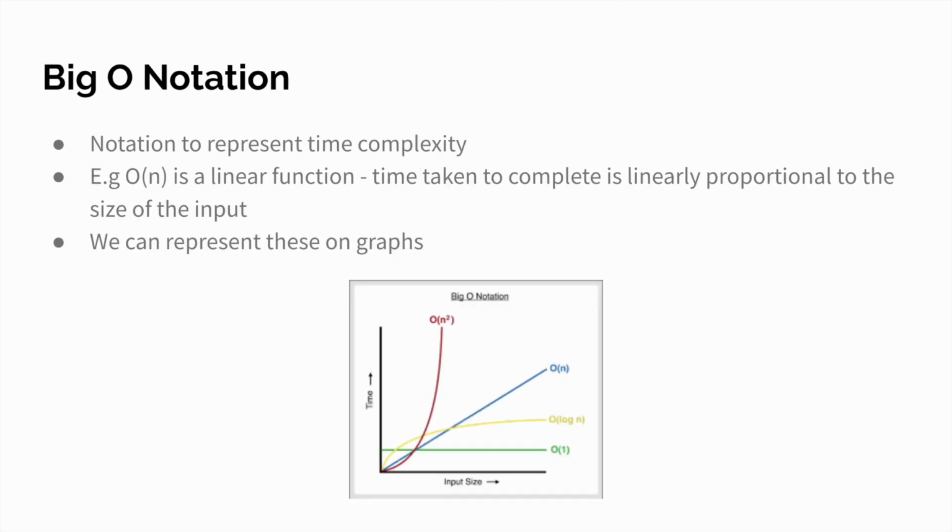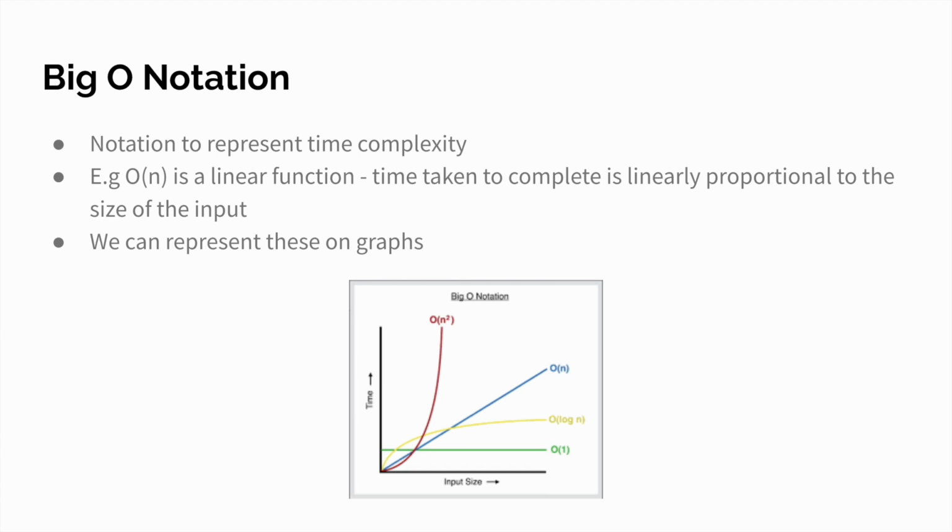So we represent time complexity through big O notation. I've attached a graph here, but I've also given the example of O(n), okay? It's a linear function. The time taken to complete the algorithm is linearly proportional to the size of the input.